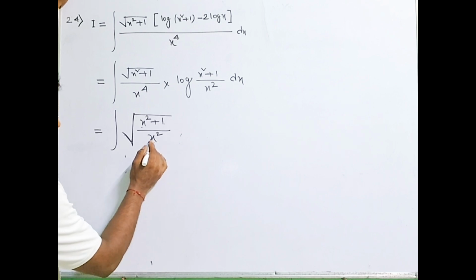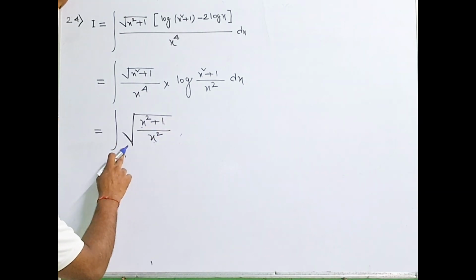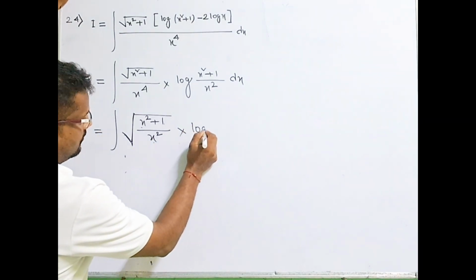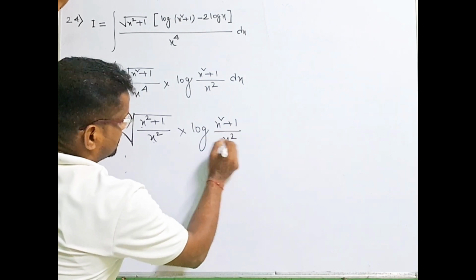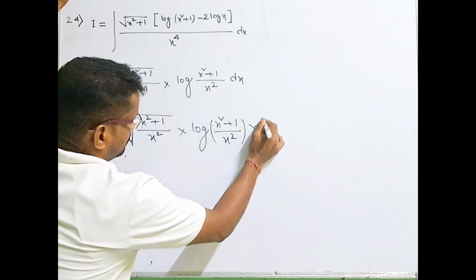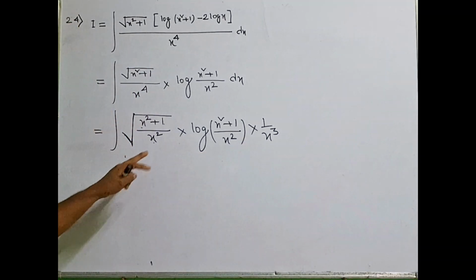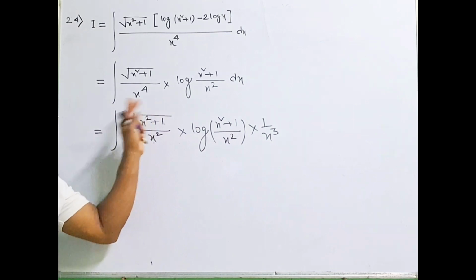So if this x square is taken out, as an x it will come out. It means log of x square plus 1 by x square as it is, into 1 by x cube I have to give here. Then from here x comes out, x into x cube, x to the power 4.